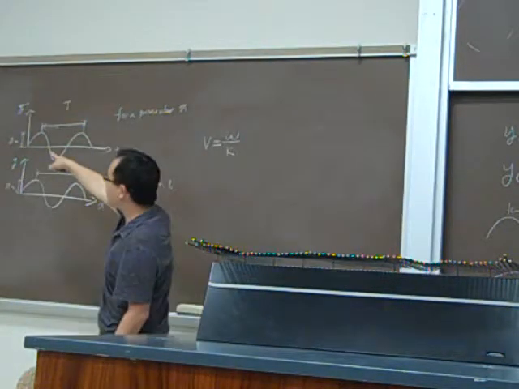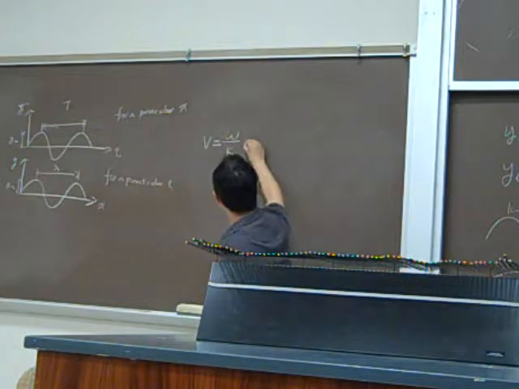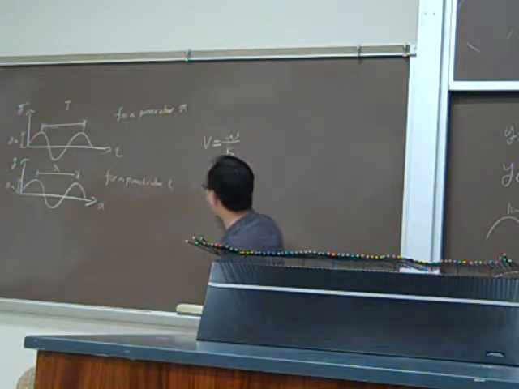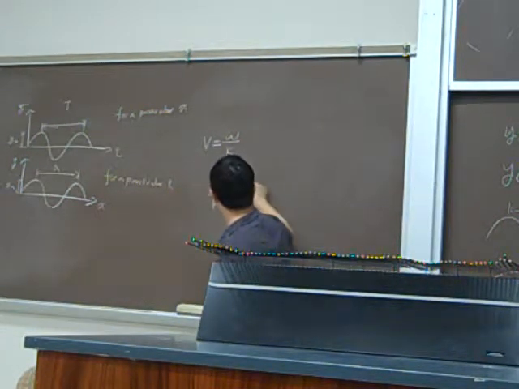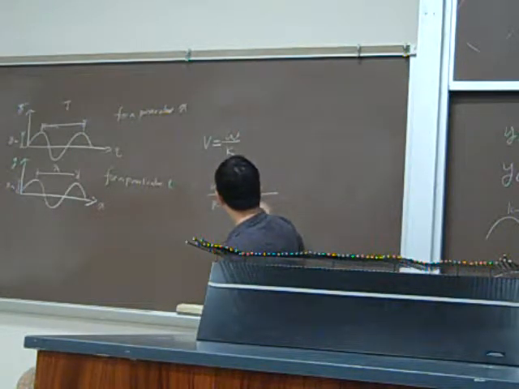Since omega equals 2 pi over T, and k equals 2 pi over lambda, omega over k equals 2 pi over T divided by 2 pi over lambda.